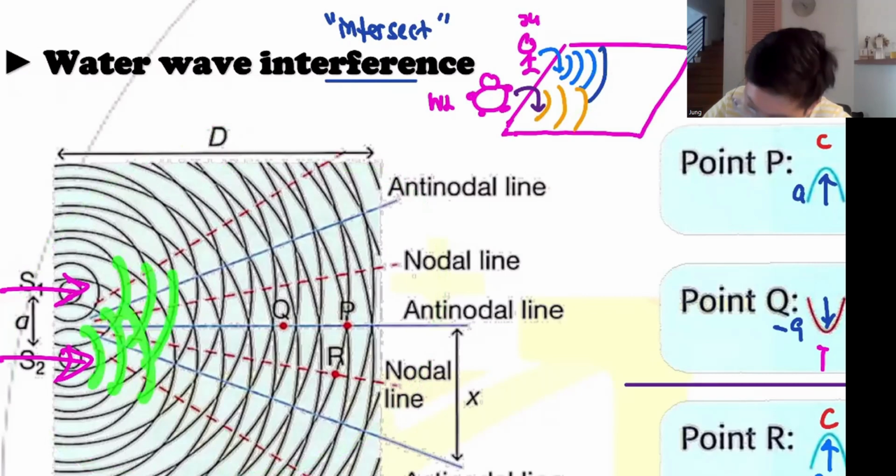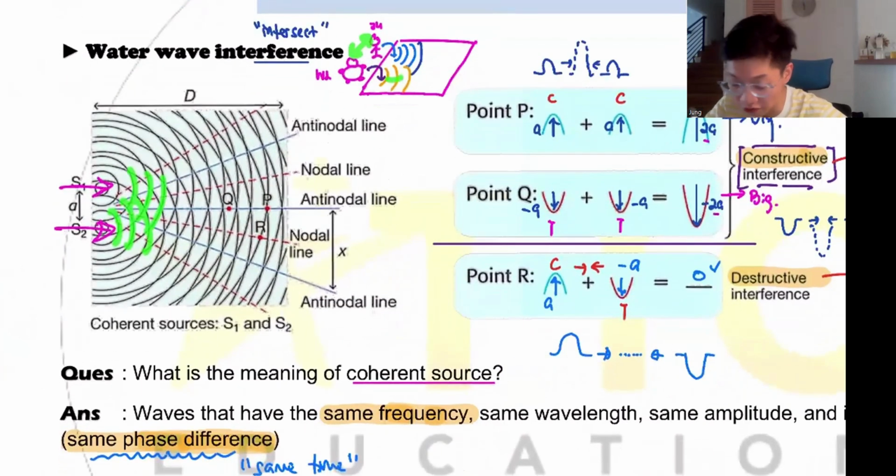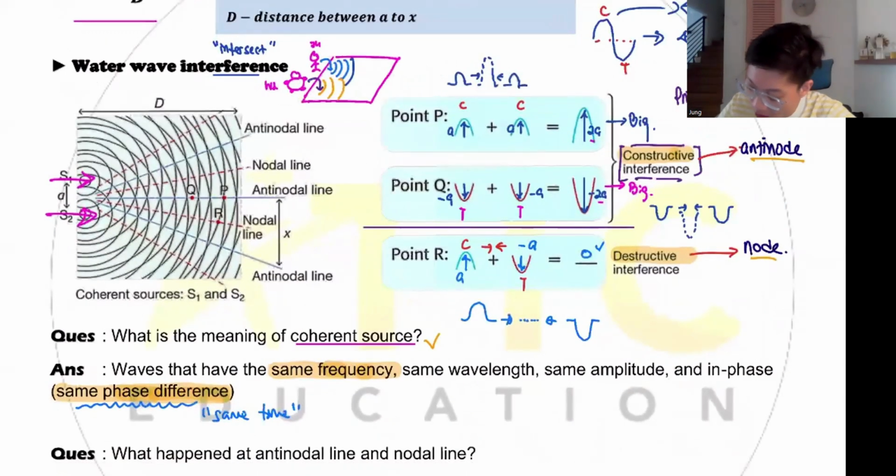So these two sources' waves must be identical. But remember, we cannot say identical wave. We have to say coherent source, meaning these two must have same wavelength, same frequency, and everything. If in the exam you forget to write same amplitude and in phase, that's fine. But most importantly, same frequency, same wavelength, same phase difference.